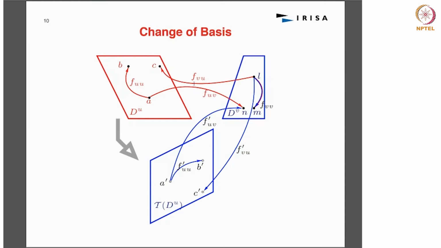All right. Now let's look at this function F prime UV. In the old program, I had a function FUV, which was a mapping from A to N. You're seeing that arrow? In my new program, A has moved to A prime. Now I have to construct a function that maps A prime to N. How do I do that? Using the old functions that I had in red.